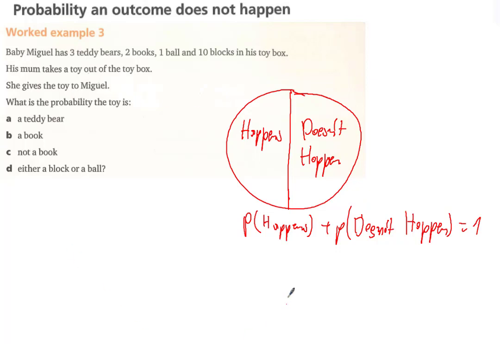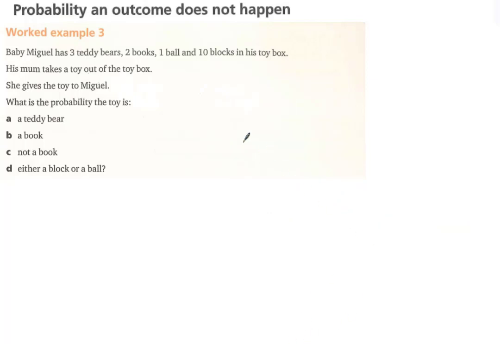So how does this one help us? Well, if we know the probability that an event occurs, then the probability that it does not occur is 1 minus it occurs, or the opposite. If we know the probability that it does not occur, then the probability that it occurs is 1 minus does not occur. All right, let us apply this formula.